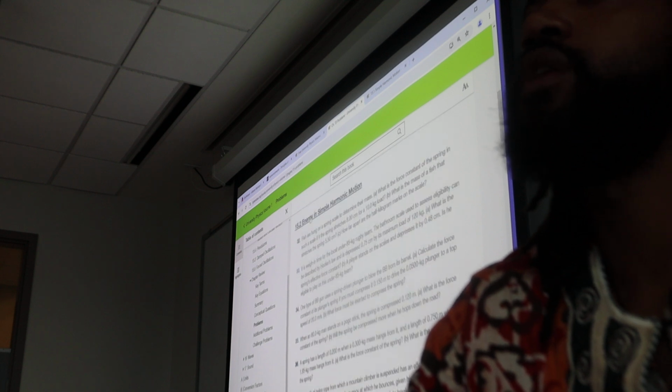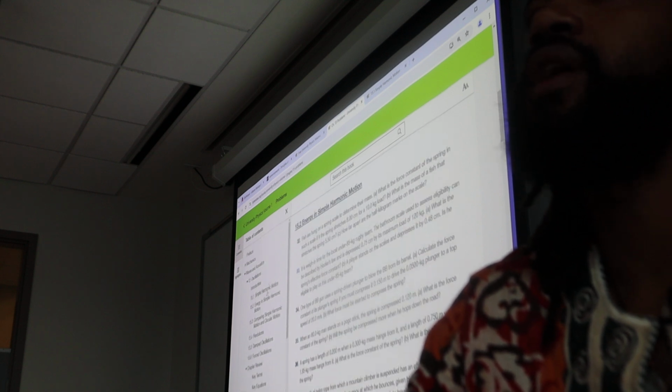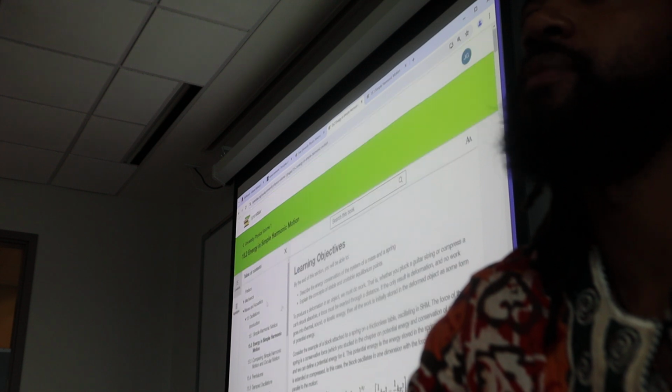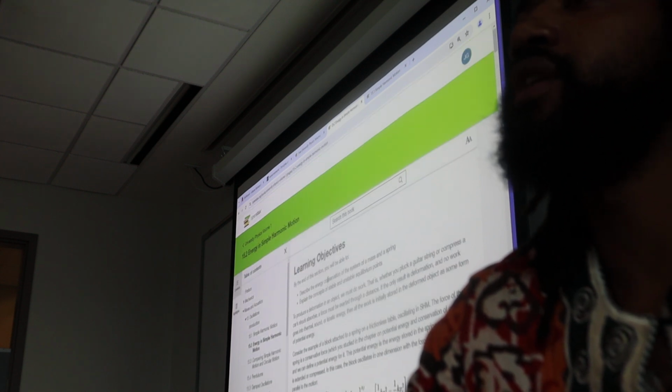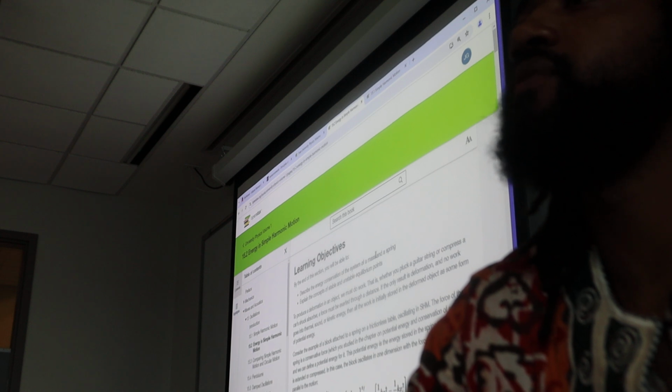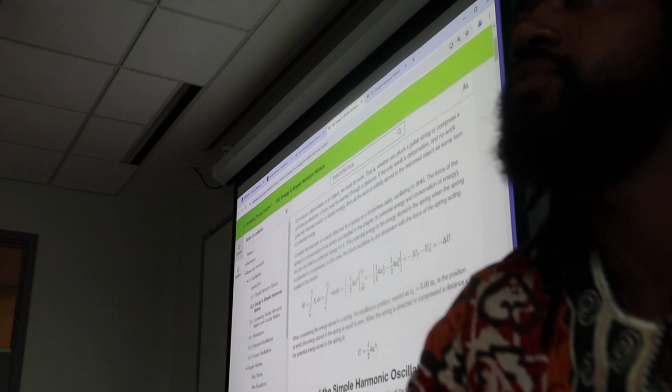Alright, so this time we're talking about energy in simple harmonic motion. We want to know how to describe the energy conservation of the system of a mass and a spring, and explain the concepts of stable and unstable equilibrium points. Let's do work.